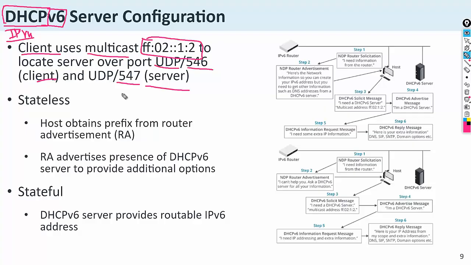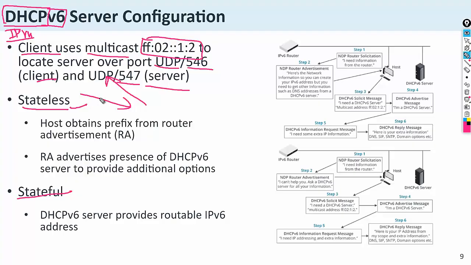There are two types of DHCP server configuration available, called stateless and stateful. In a stateless configuration, when the IP request comes, it provides the IP address, but it does not keep any type of entry inside the pool or somewhere else. So it is called stateless.